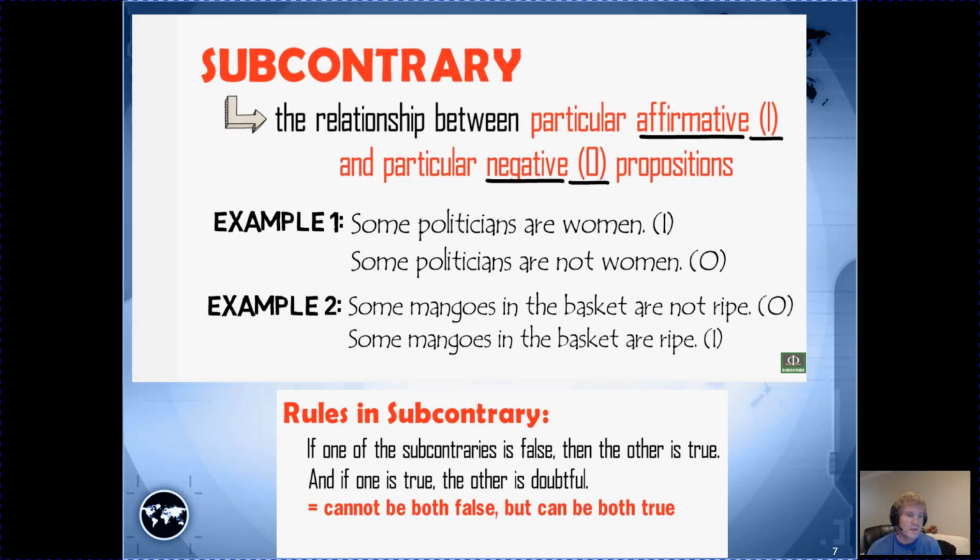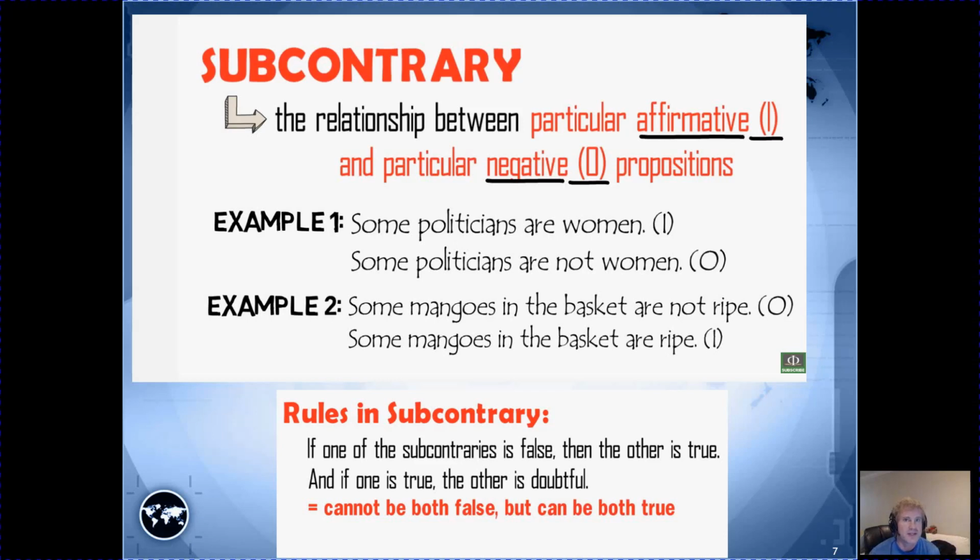All right? So one of these statements, okay, they could either be both true, some politicians are women and some politicians are not women, but if we added another statement, all politicians are men, then we know that one of these statements is false. So again, they cannot be both false, but can be true. All right? I hope that makes sense. But if you look at it again, I think you understand the nature of what I'm saying.